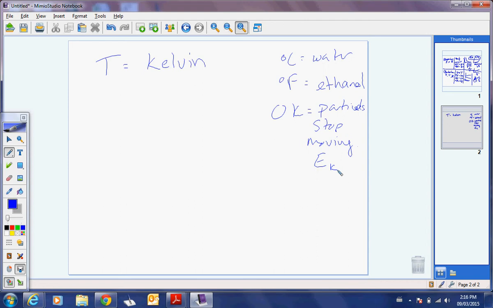Okay, so you have to convert all your degrees Celsius into Kelvin. And how you do that is, no, actually, that's a bit backwards. That's a harder way of learning it. I'm going to tell you that you take your degrees Celsius, you add 273.15, and that gives you how many Kelvin it is.